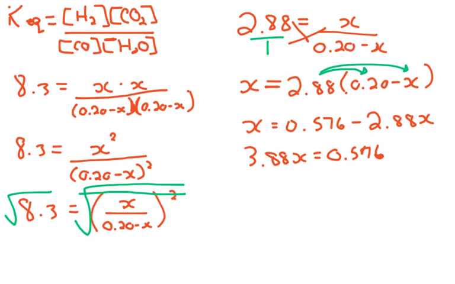Divide both sides by 3.88, rounding to sig figs, we would get that x equals 0.15 moles per liter.